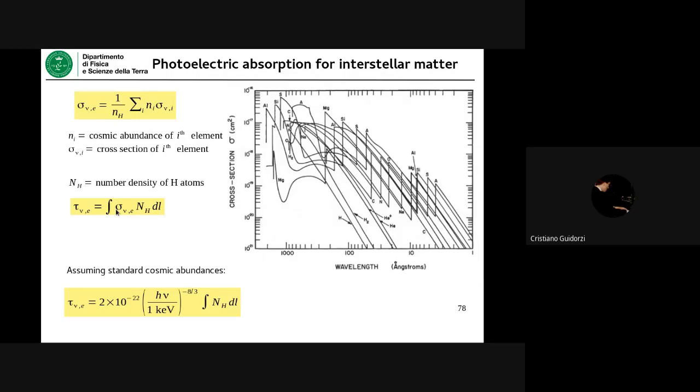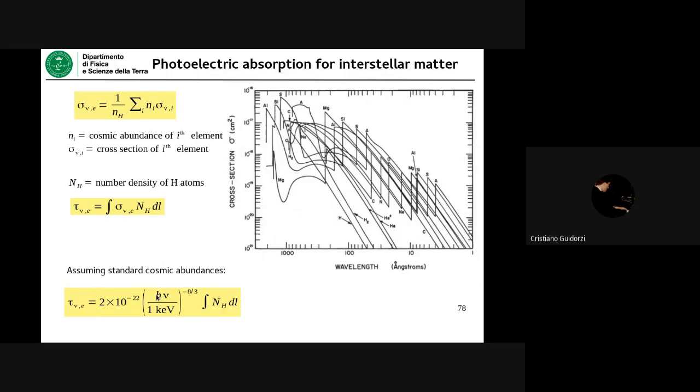Of course, the effective cross-section doesn't depend on the path, so you can just take all the dependence on frequency out of the integral. And you see that the resulting optical depth can be approximately described using this formula here, where I already replaced the constants with numbers.